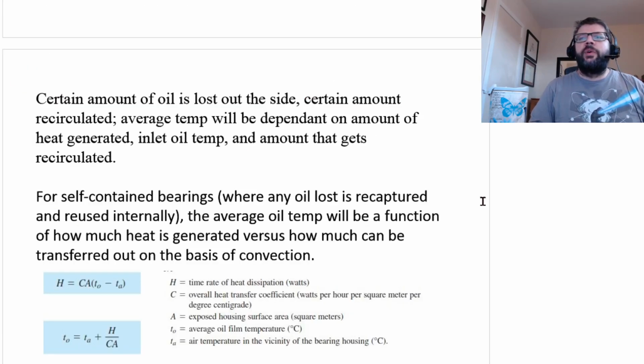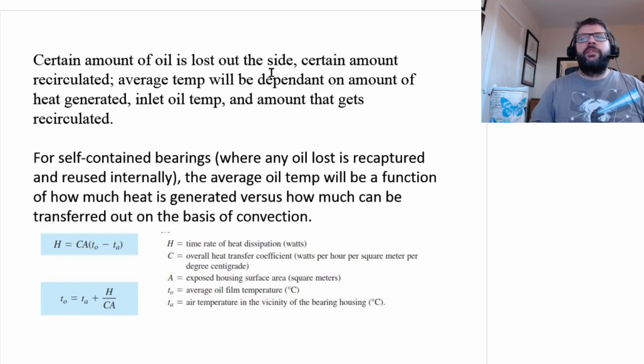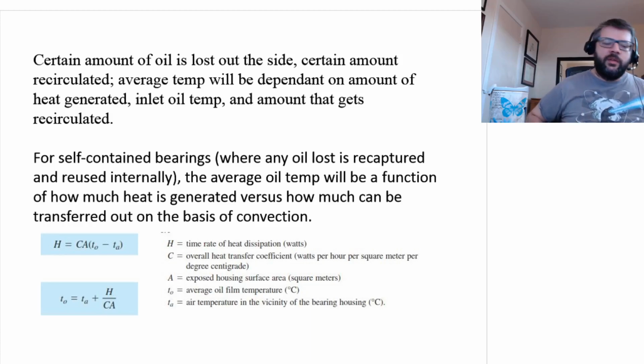You got a certain amount of oil. So if you've got your bearing in operation, you're going to be losing some oil out the side, the side flow, which we just saw how to calculate, and some of it is going to get recirculated. When we try to figure out what the viscosity of our oil is, we have to pick a temperature to use.